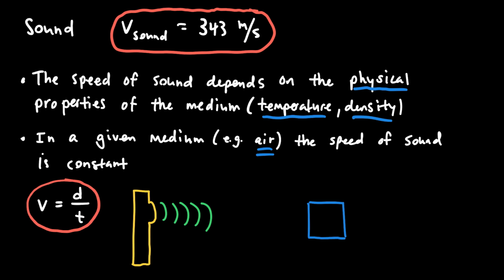For example, if we have a motion detector, the way that motion detector works is it sends out wave fronts, little sound waves. Typically, you hear a clicking noise next to the motion detector.